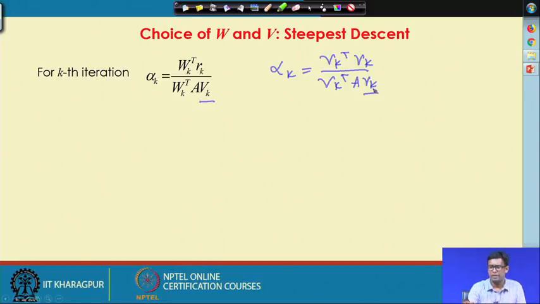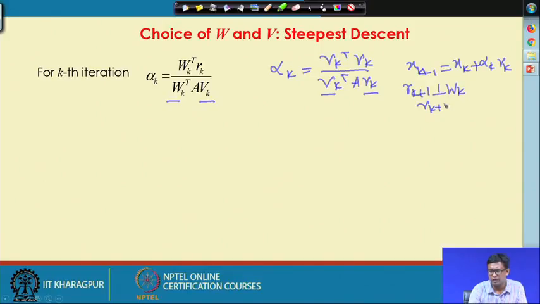That means I can write x k plus 1 is equal to x k plus alpha k r k, and w k is along r k. So, the new residual is perpendicular to w k, or we can write r k plus 1 is perpendicular to r k, and that is exactly what we get in the steepest descent method.